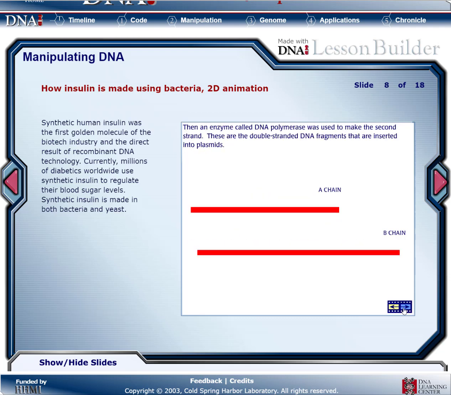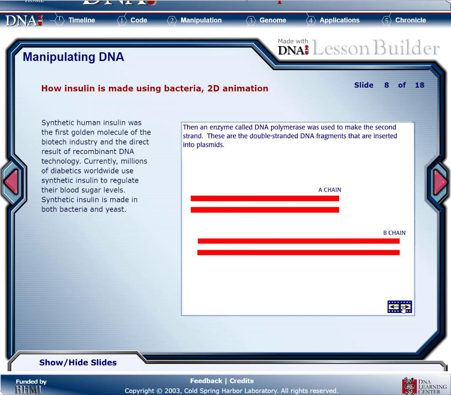Then an enzyme called DNA polymerase was used to make the second strand. These are the double-stranded DNA fragments that are inserted into plasmids. A chain, B chain.